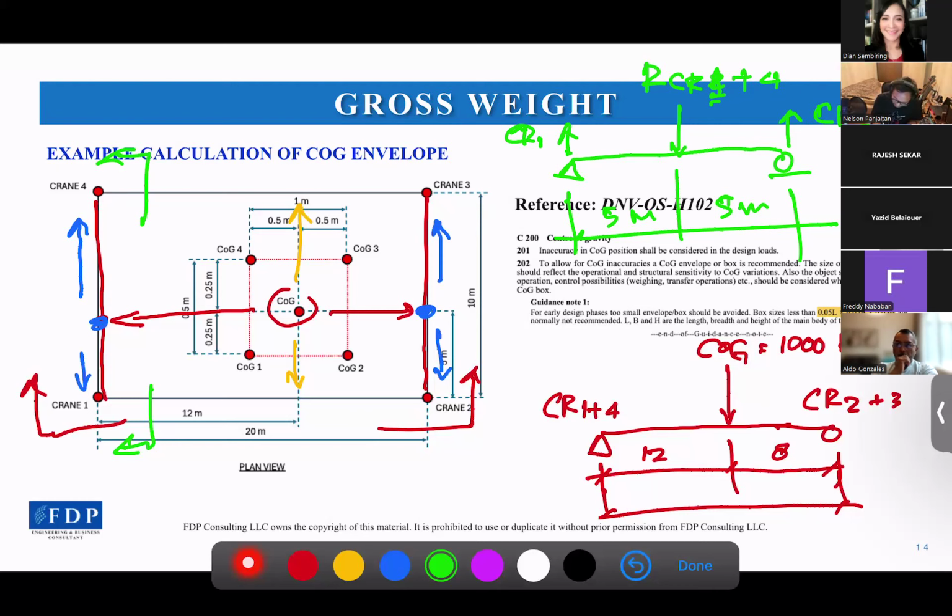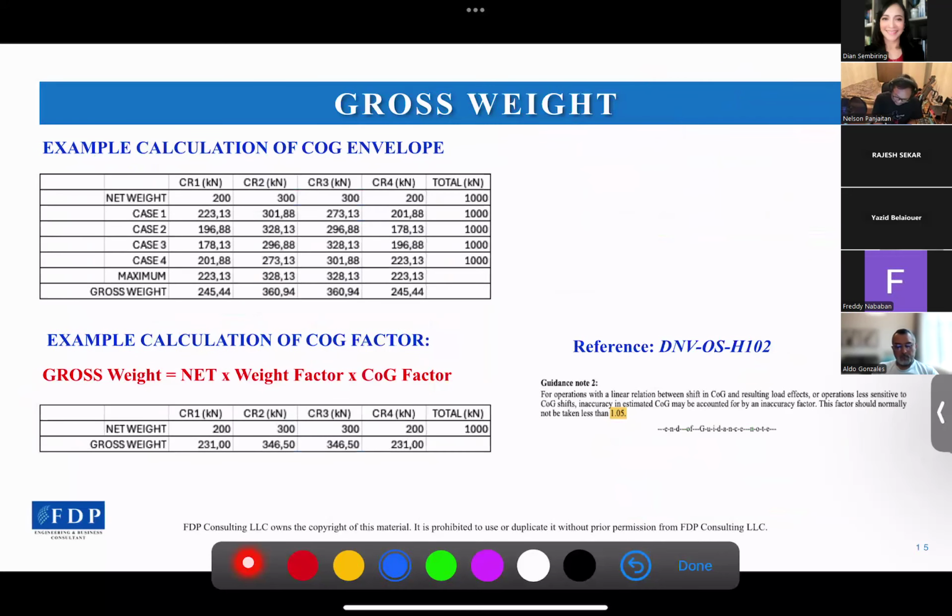Now we move the COG to be here, and then we recalculate with the same process as the previous one to get the crane's reaction if the COG is here. And then once we complete that, we continue for COG 2, 3, and 4. That's how I get this reaction.